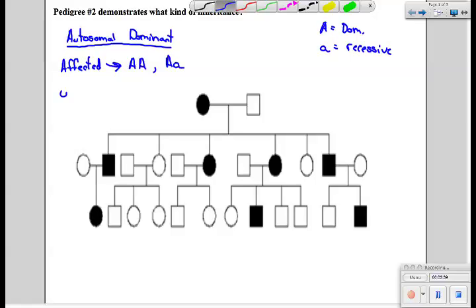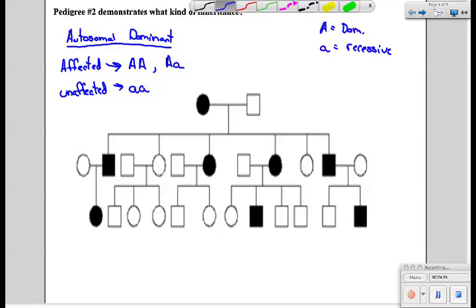If you are unaffected, there's just one way, and this is to have the homozygous recessive genotype. So this pedigree could be for something like brown hair versus blonde hair, or brown eyes versus blue eyes.